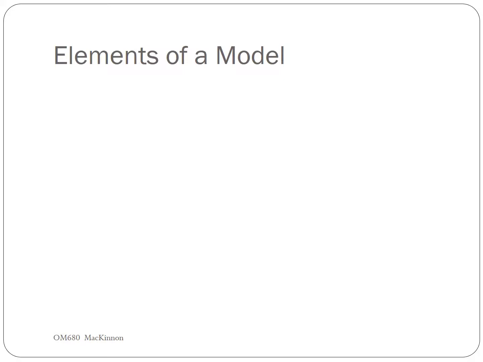So what are the elements of a model? We're actually going to talk about two types of model here: algebraic models and spreadsheet models. This is not a math intensive class. We assume that you have some statistics, and we'll need that a little bit.